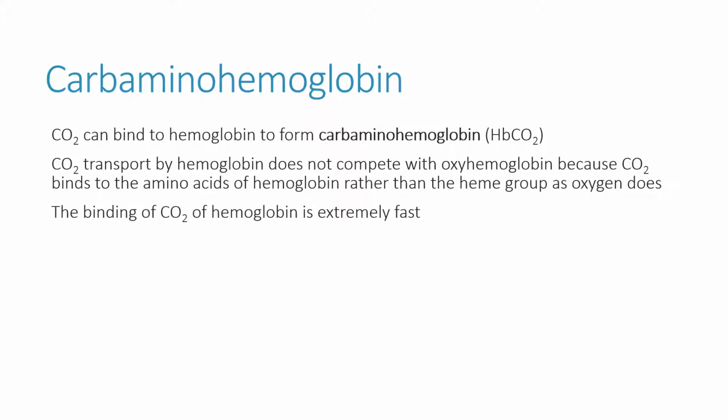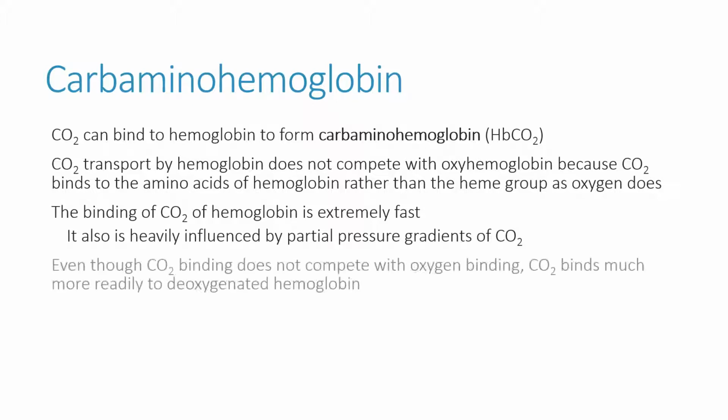This also helps make the binding of carbon dioxide extremely fast. It is also heavily influenced by partial pressure gradients of carbon dioxide. The more carbon dioxide there is, the faster it loads onto hemoglobin.